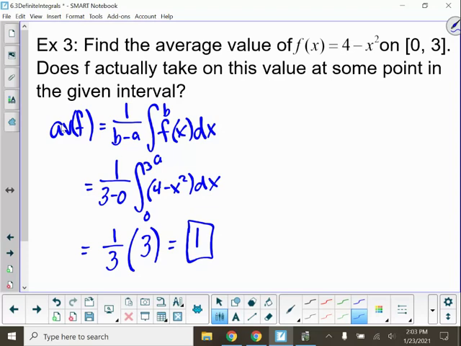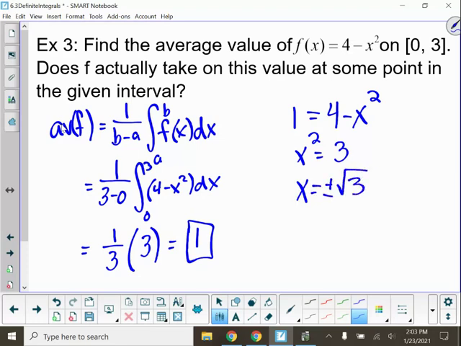Now it says, does f actually take on this value in the interval? So I want to know, is there some value where 4 minus x squared is equal to 1 that falls in between 0 and 3? So if I go through and solve this, I get x squared is equal to 3, which means x is equal to plus or minus the square root of 3.